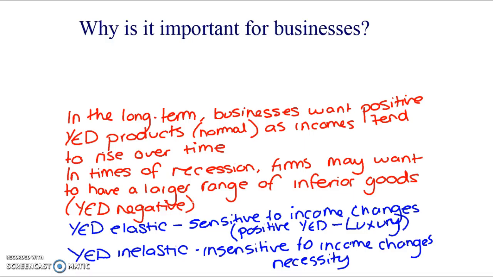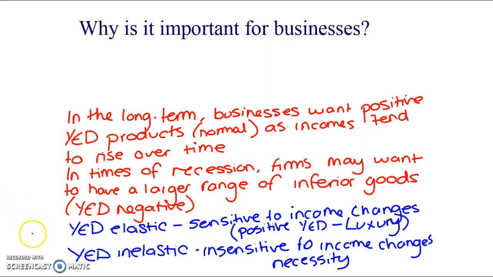But in terms of elastic and inelastic, elastic goods, if they're positive, tend to be more luxury items and they're very sensitive to income changes, whereas if they're inelastic, they're usually necessities and they're insensitive to income changes. So I think it depends really on the business and what they want, and the type of market they want to be in.